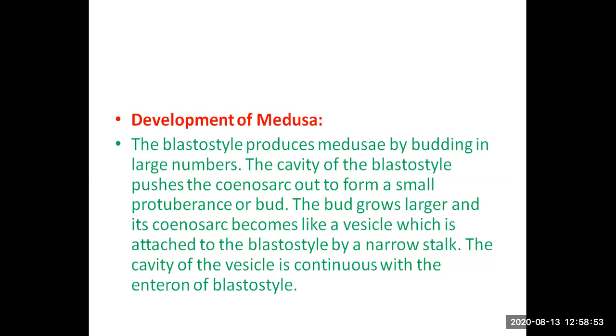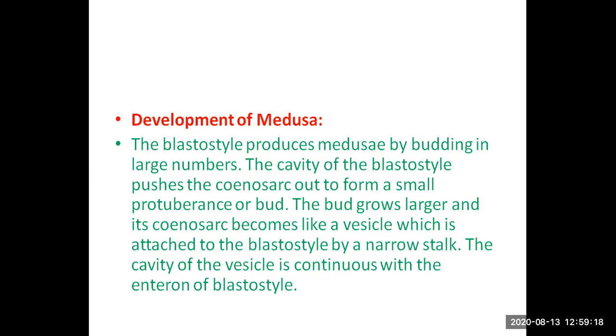Development of Medusa. The blastostyle produces the medusa by budding in large numbers. The cavity of the blastostyle pushes the perisarc out to form a small protuberance or bud.